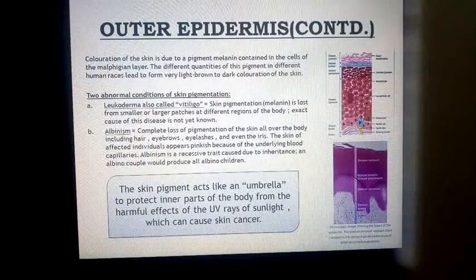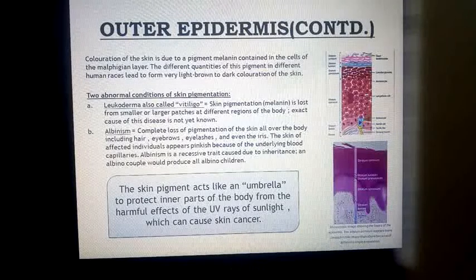Got it? And the coloration of the skin is due to the pigment present in this layer called melanin. Got it? The different quantities of the pigment define different races. The different people, we say they are light, brown, dark, and the coloration of the skin.